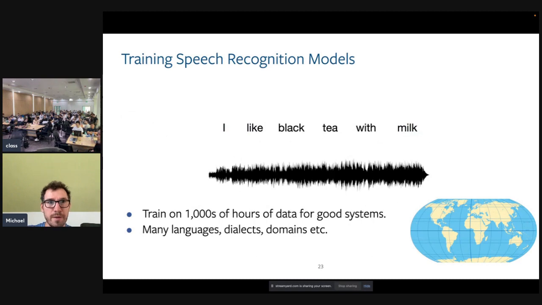So going back to speech, the way speech recognition systems more specifically are typically built is by collecting literally thousands of hours of transcribed speech data, and then using that to train a speech system for one language, most likely one accent and one particular domain.